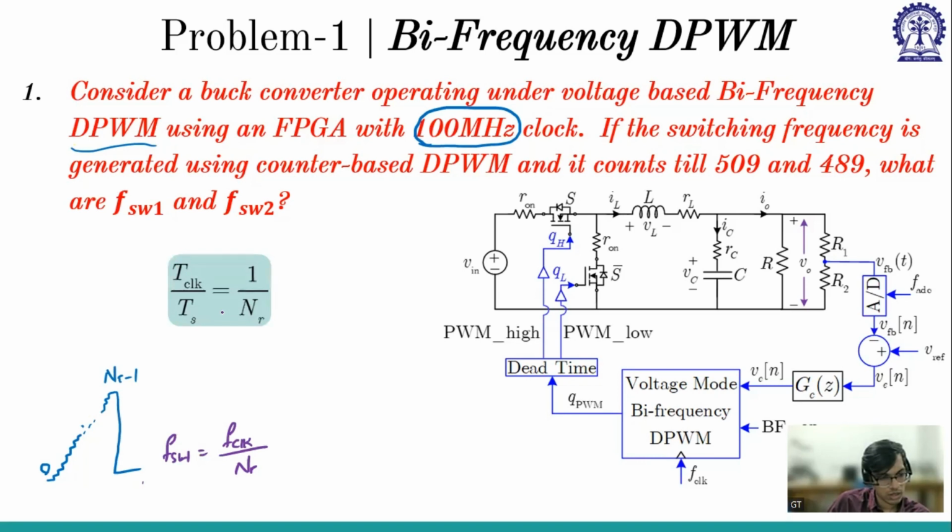T clock is TSW by NR. So FSW is F clock by NR.